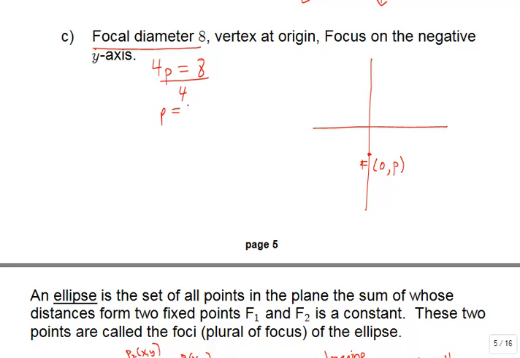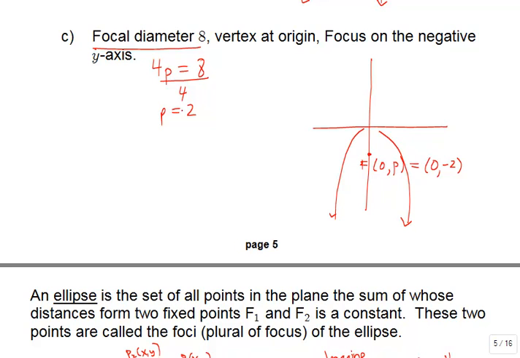Now, remember, focal diameter, you want to think that's a distance, so normally that's always a positive amount. So is our p really going to be 2 here? No, it can't be, because we want our focus on the negative y-axis. So this would have to be at 0, negative 2 in order for the focus to be on the inside of our parabola like this.